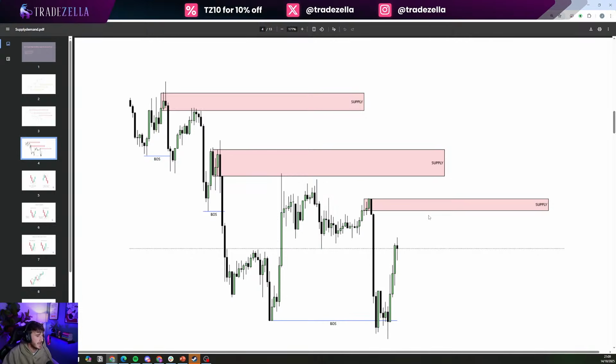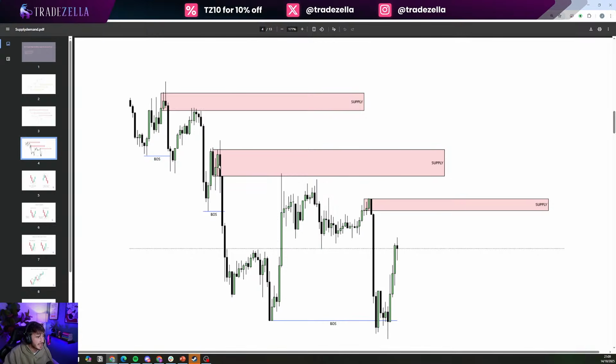I see in this as well, it can be very easy to overanalyze and overcomplicate supply and demand. Because if I were to define the supply and demand and how to draw them, it would be as simple as, if you're bearish, the bullish candle or the bullish set of candles before a bearish move down that breaks structure.